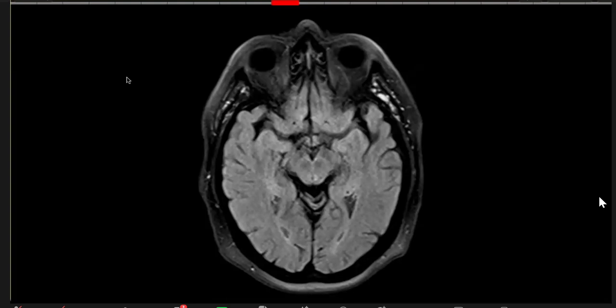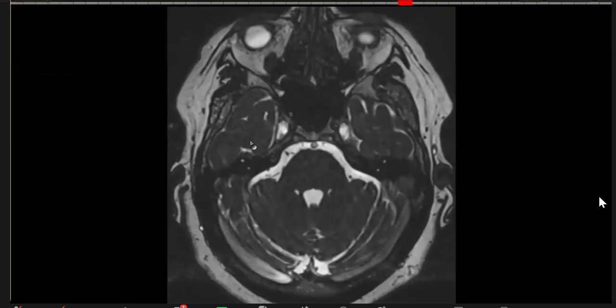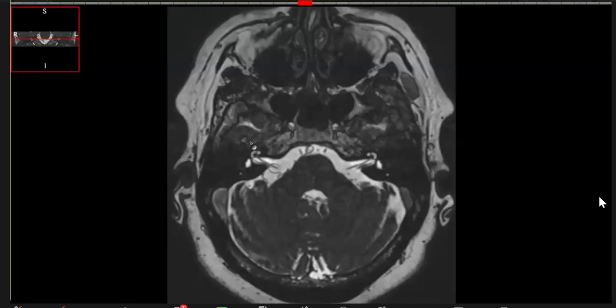Okay, so this patient, actually, let me just, because of the time factor, I'll show one sequence myself and then I'll hand you over. This was an interesting presentation. This is a 71-year-old. The ENT asked for, the patient has got tinnitus on the left, classical.